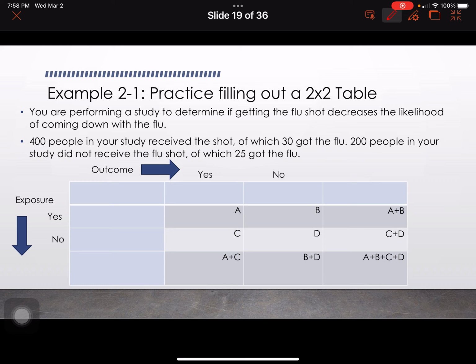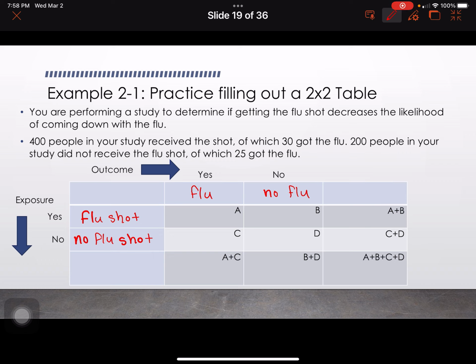Now, let's start by filling out our table with the exposure and outcome like we did in video 2. Our exposure here is getting the flu shot. Flu shot or no flu shot. Now our outcome of interest are those who ended up with the flu. Flu, no flu. Now we'll fill in what is given to us.